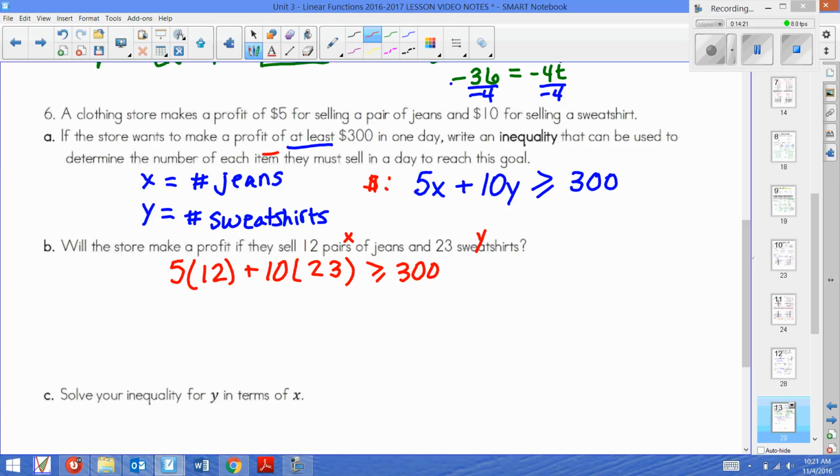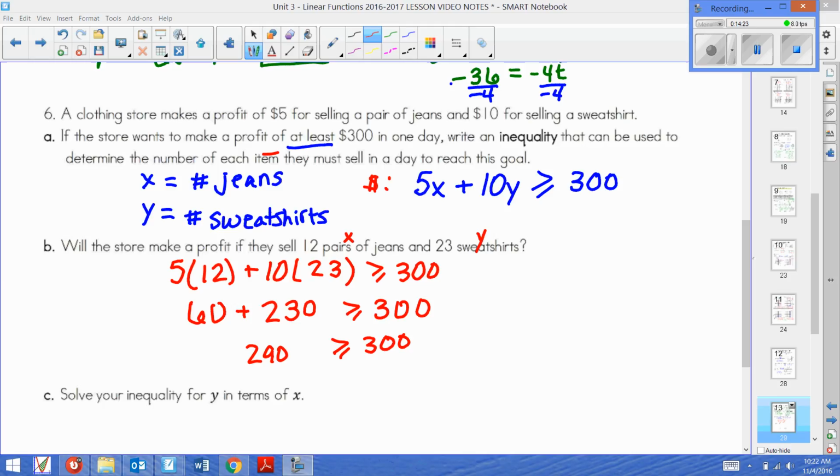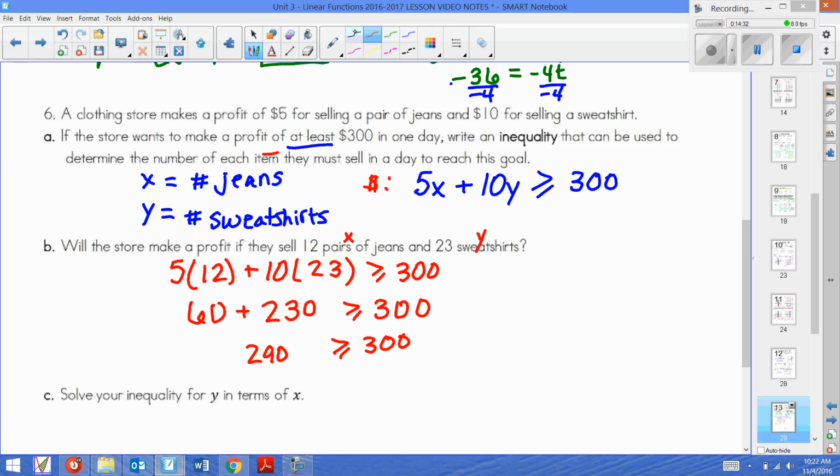Take a minute, simplify this. So you can see that I simplified and I found that 290 was not bigger than or equal to 300. Oh no, will they make a profit? No. They're $10 short.